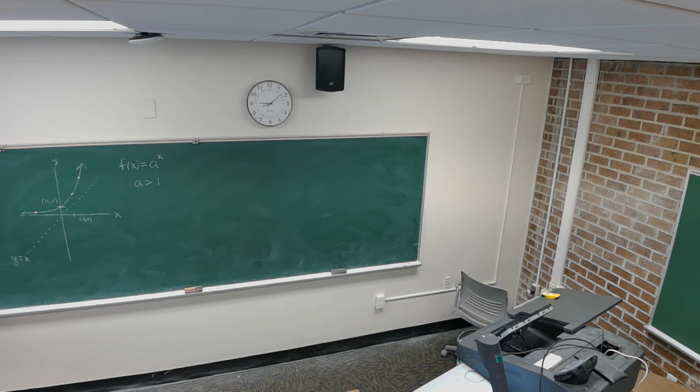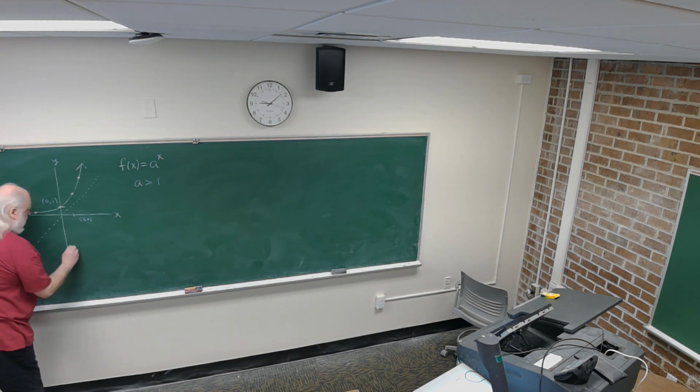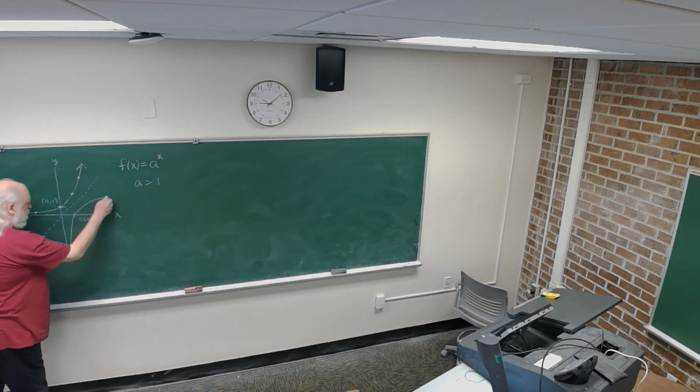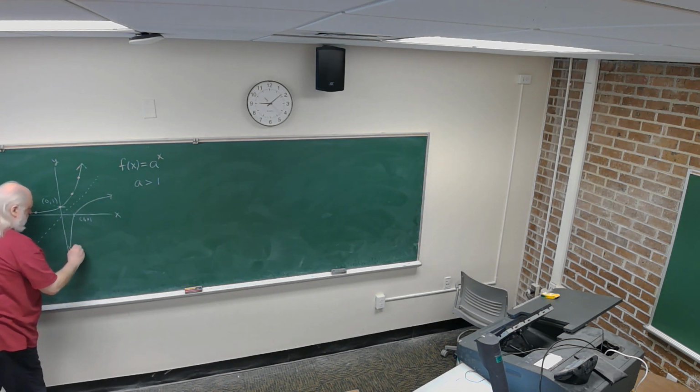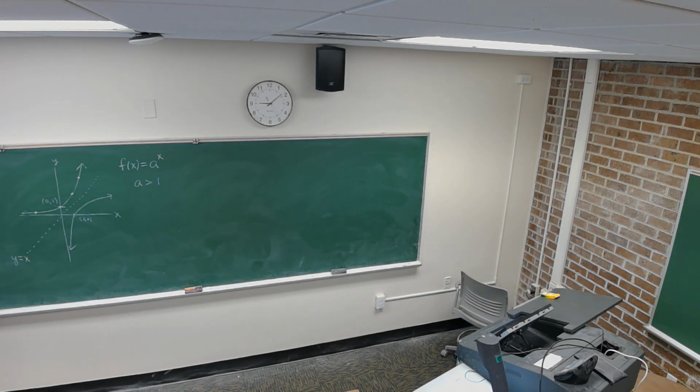The graph of the inverse function for this exponential function looks something like that. I'm drawing it by hand, so it's not perfect. But the graph of the inverse function is a reflection of the graph of the exponential function across the diagonal line y equals x.